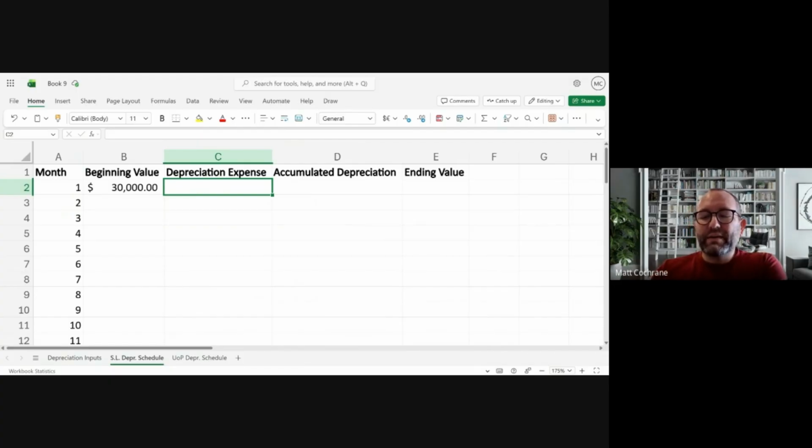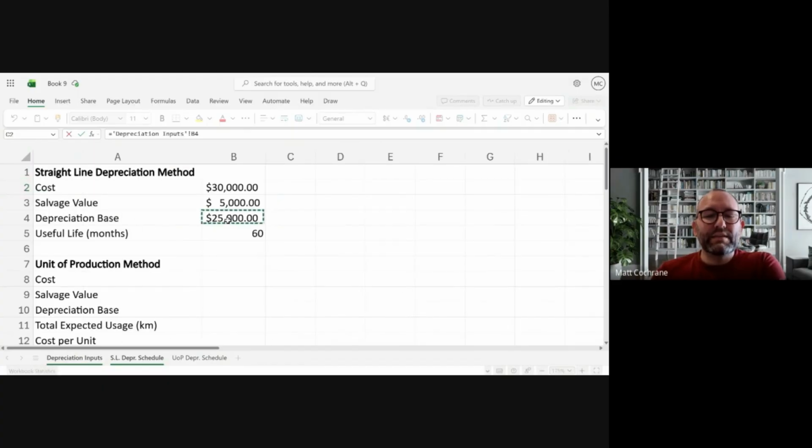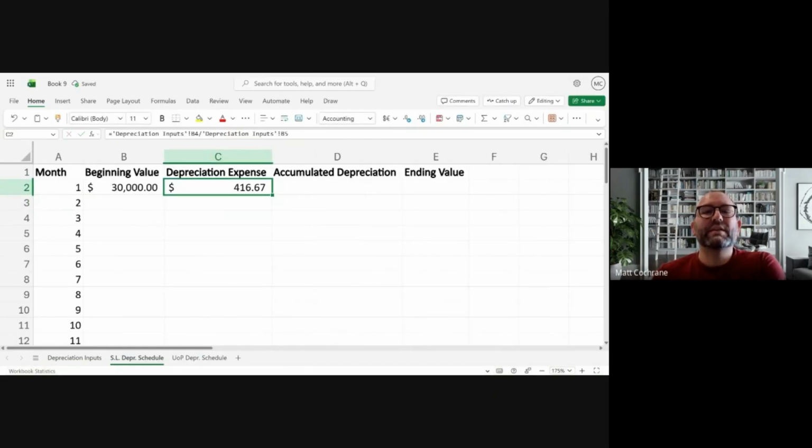The way that we calculate this is we take our depreciation base and we divide it by the number of months that we have. So in this case, the depreciation expense is $416.67.